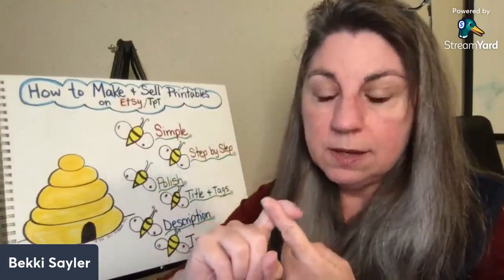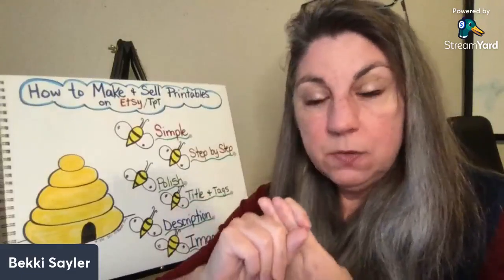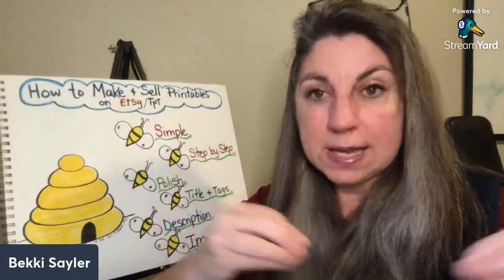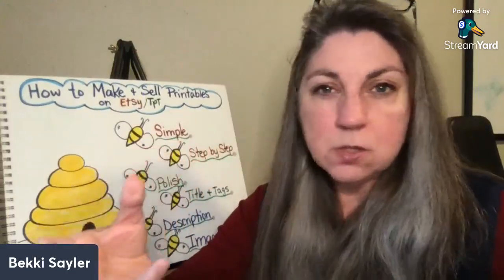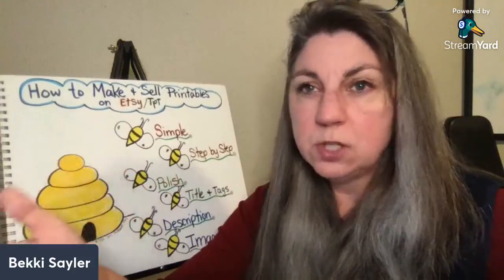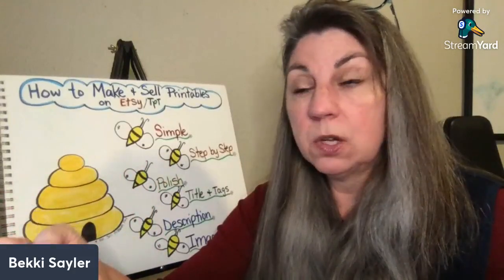So know that. And then know that Etsy, if you're selling on Etsy, has an incredible search engine, and they do a really great job of helping you sort to find the things that you're looking for. Teachers Pay Teachers is another site where you can sell your digital products, things that teachers or parents or homeschoolers or educators would be looking for in their classroom.